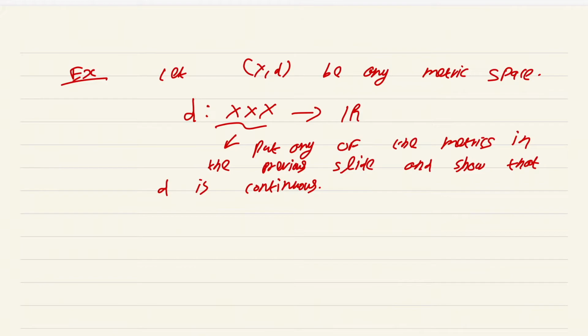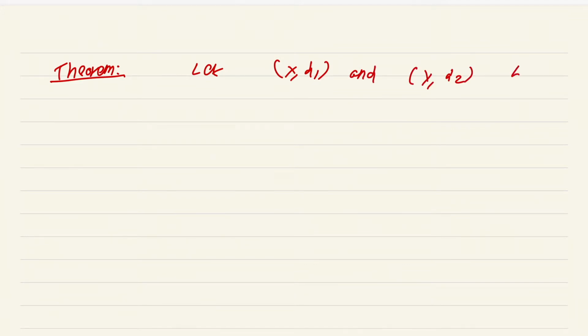Okay, now we come to the central theorem of this short video. It is essentially saying that the choice of metric doesn't matter, at least from the topological perspective. So here is the theorem. Let (X, d1) and (Y, d2) be two metric spaces.